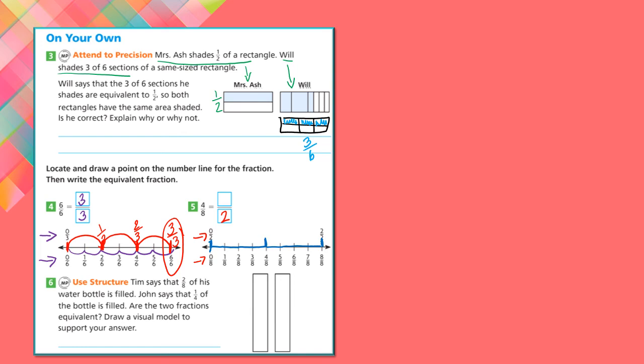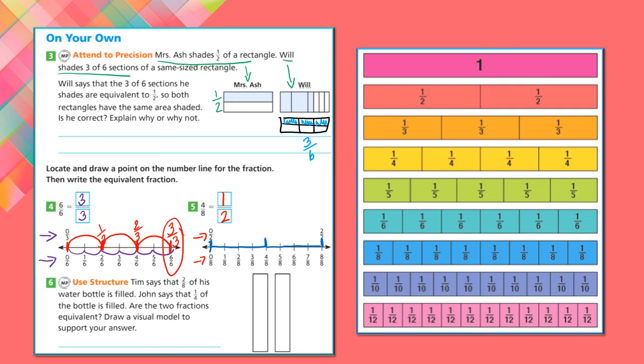So how many halves are equal to 4/8? 1/2. Awesome. So 4/8 equals 1/2. And I'm going to pull up our fraction bars on the right just so that you can see that. Here I have 1/2 and 1/8, 4/8, and you can see that they're the same amount.